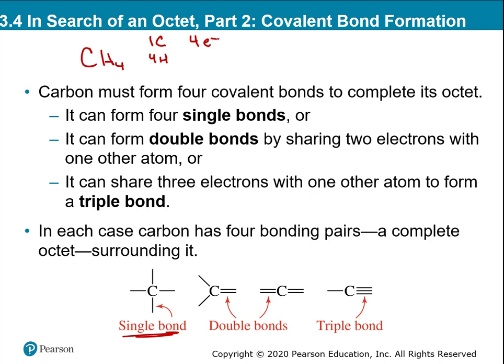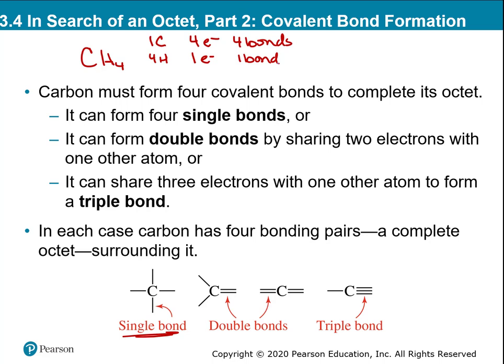So the number of electrons plus the number of bonds has to always equal 8 for everything but hydrogen. Hydrogens, on the other hand, only ever have 1 electron and only ever have 1 bond each. They're never going to form more than that because that makes them like helium and that's going to make them stable.